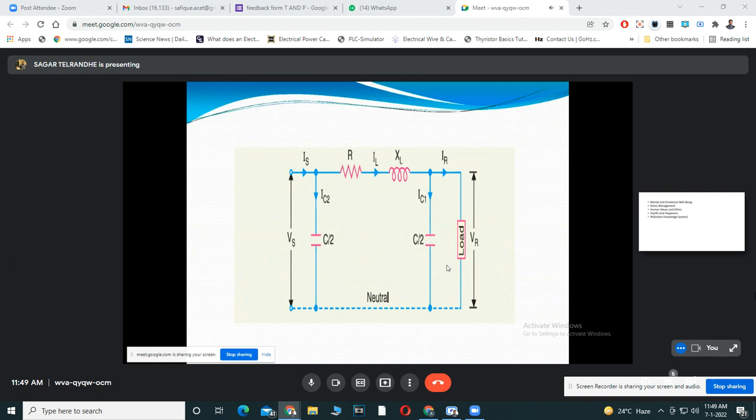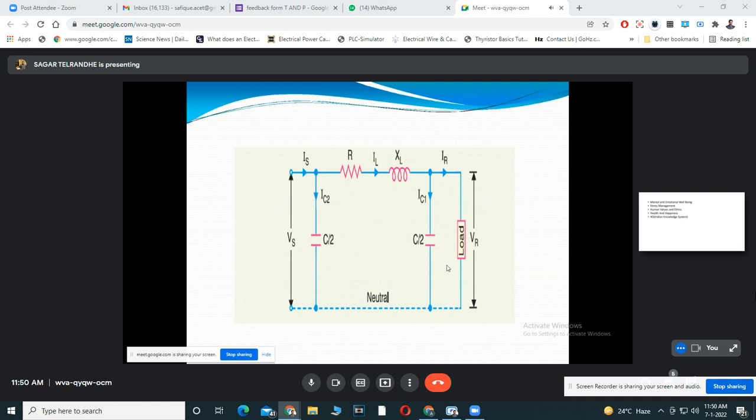The complete capacitance of the transmission line is divided into two equal halves, and these two equal capacitances are assumed to be one at the sending end and another at the receiving end. The remaining resistive and inductive parts are lumped together right at the center of these two capacitors.